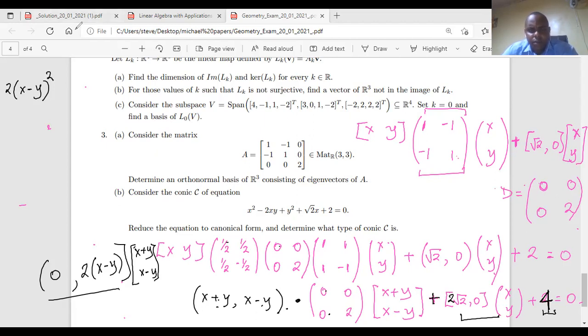But the problem is, if I do 2 times x minus y squared, it doesn't equal x squared minus 2xy plus y squared. Whatever we get is going to be this guy multiplied by 2, which is the same thing because we are going to divide by 2 and get back to the original format.